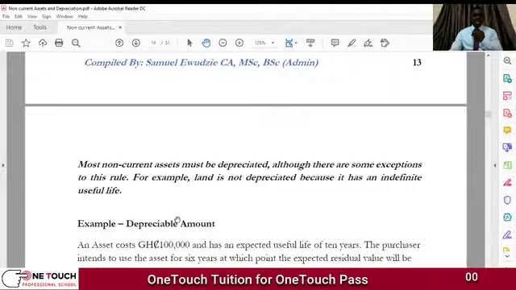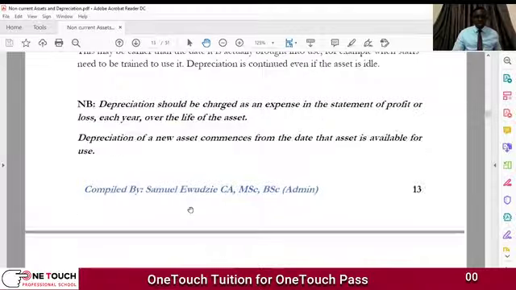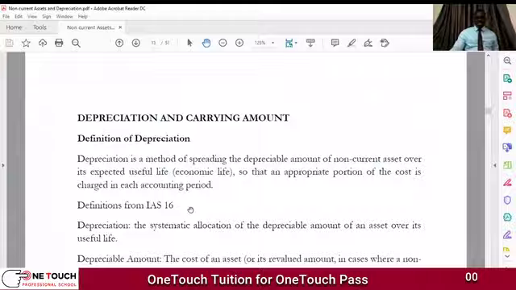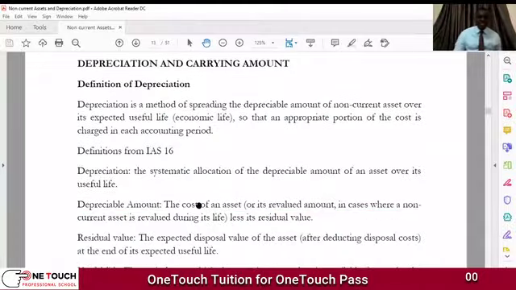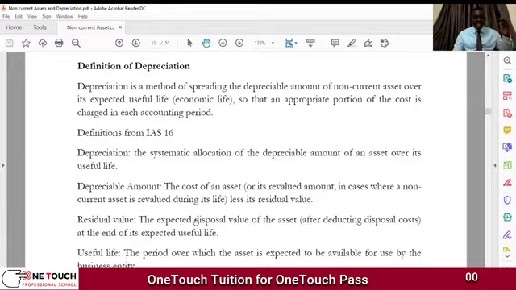So we are looking at depreciation and the carrying amount of an asset. We've looked at what depreciation is. We've looked at the depreciable amount of an asset, that is the cost of an asset less its residual value. We've looked at what residual value is, the expected disposal value of an asset after deducting the disposal cost at the end of the asset's useful life.